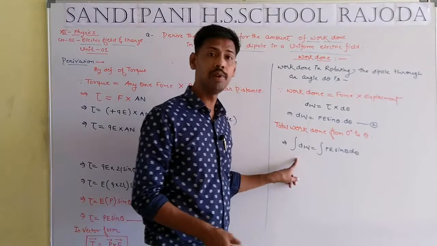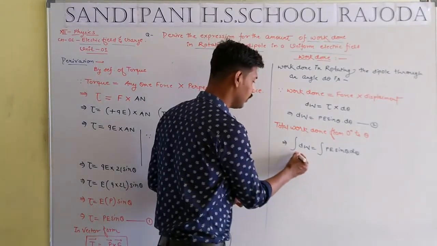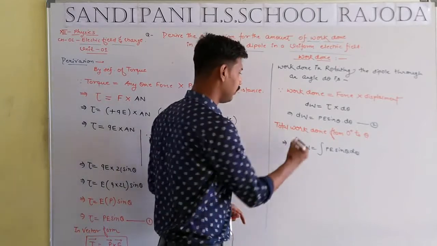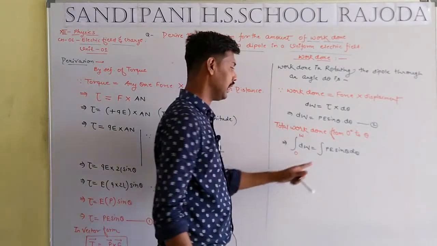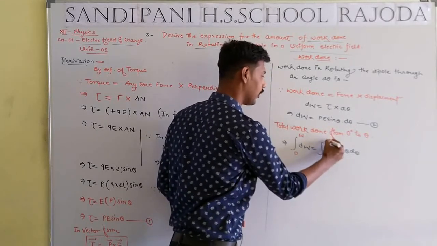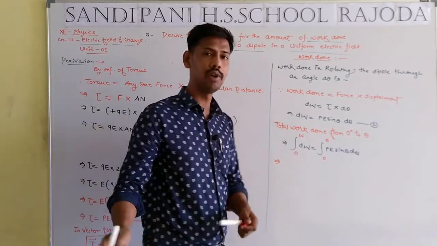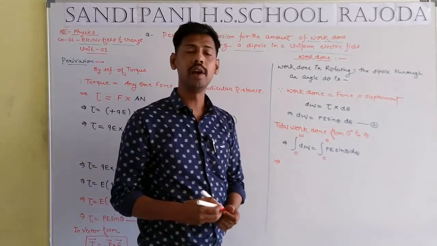What is the initial value of work done? At the initial time, work done will be equal to 0. At the final time it will be equal to W. Initial angle will be equal to 0 and finally equal to theta. Students, integration dx equals x, integration dy equals y.